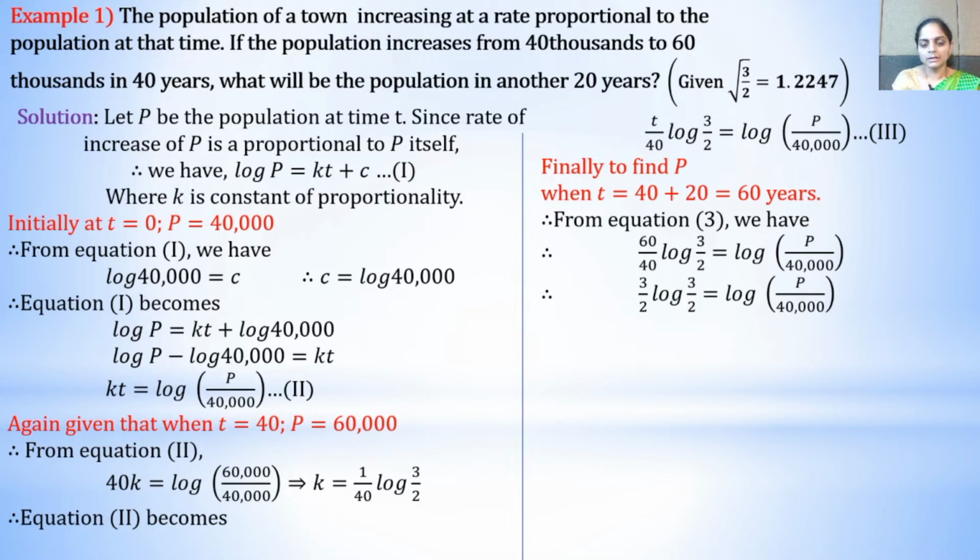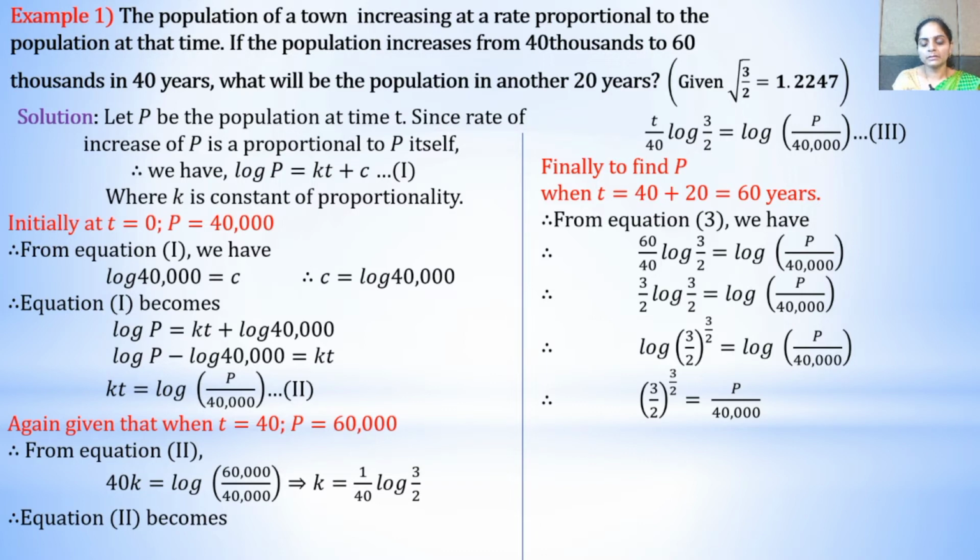So it becomes 3 by 2 into log of 3 by 2 is equal to log of P divided by 40,000. We know that n log m is equal to log of m raised to n. So this equation becomes log of 3 by 2 raised to 3 by 2 is equal to log of P divided by 40,000. Also we know that if log m is equal to log n, then m is equal to n. So this equation becomes 3 by 2 raised to 3 by 2 is equal to P divided by 40,000.